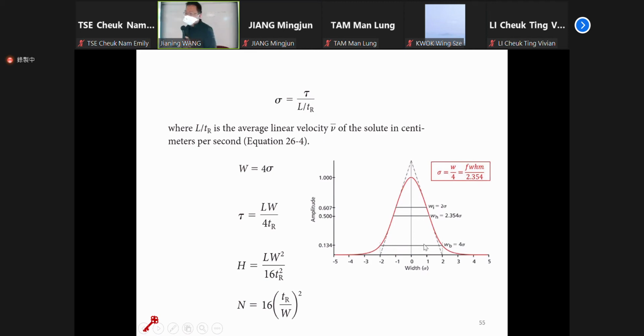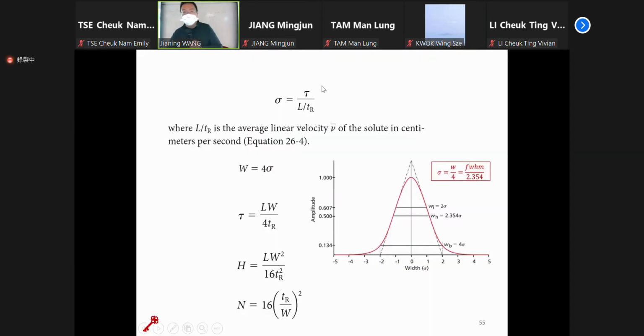So 4 sigma is the base peak width. This is the peak width at half height, FWHM, and it equals 2.354 sigma. This is just the Gaussian distribution definition.